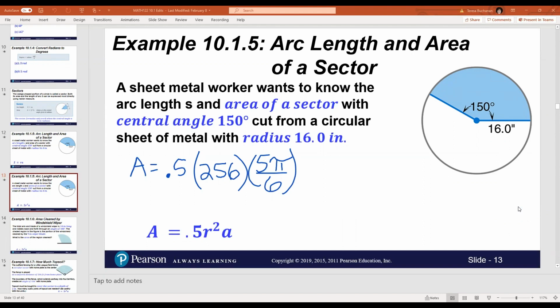The decimal approximation for this is 335, roughly 0.1. And again, my units are in inches. So this is square inches, is that area, about 335 square inches.